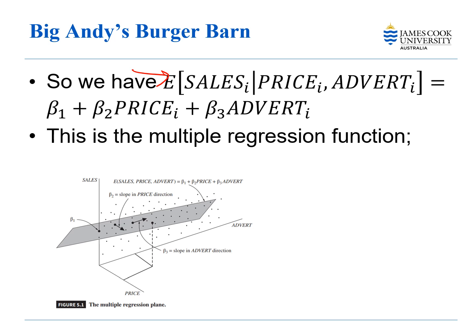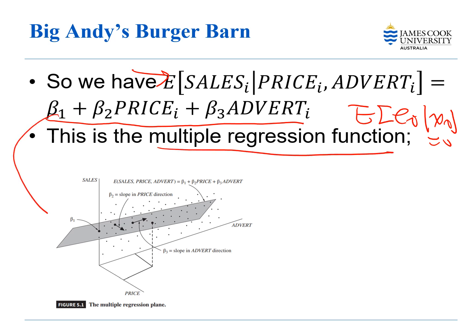Conditional on price and conditional on X, which here is price and advertising expenditure, we have this equation. Because the error term is 0, it dropped here. And this is the multiple regression function. If we draw it, visualize it, it is something like a plane like this.